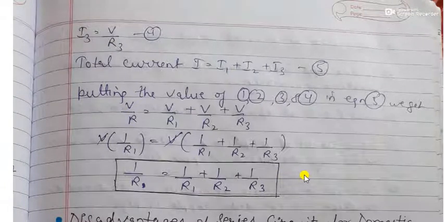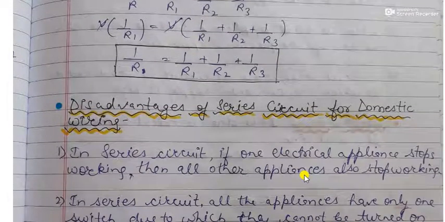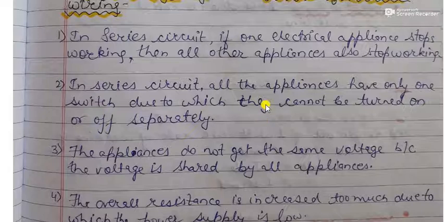Now students, there are some disadvantages of series connection in domestic wiring. In a series circuit, if one electrical appliance stops working, then all the electrical appliances also stop working because they are connected in series. In a series circuit, all the appliances have only one switch, due to which they cannot be turned on or off separately.